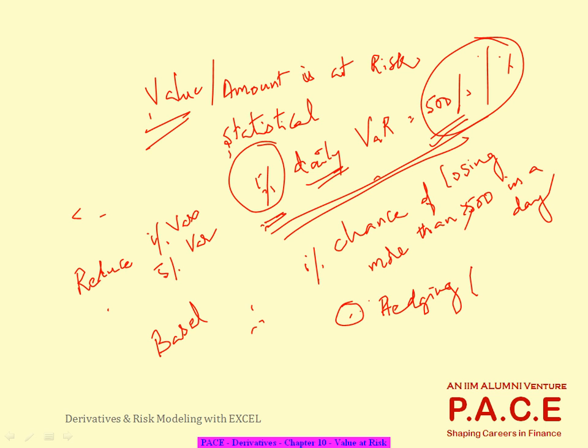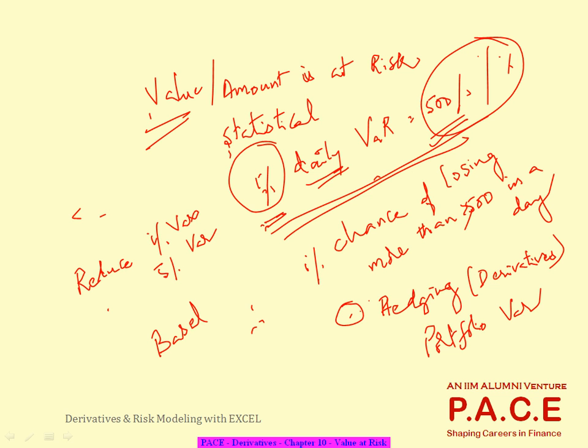Either by derivatives or whatever it is, I'll have to take those steps so that I reduce my risk. I'll create a portfolio with derivatives or some other securities, like futures. Yesterday we used all that, the instruments or options, using that hedge ratio and all. I'll get into those things so that I will reduce the value at risk.